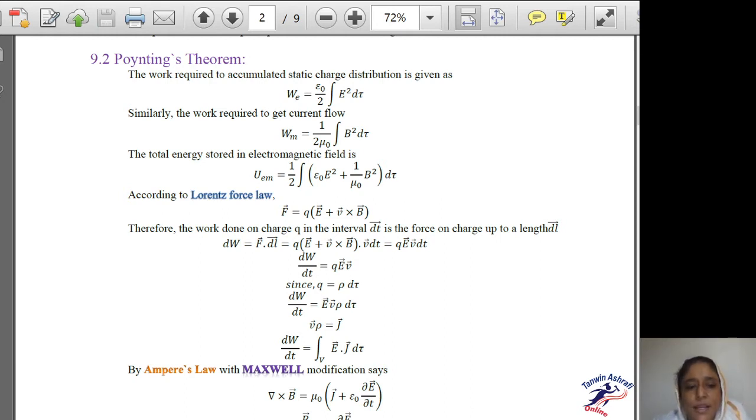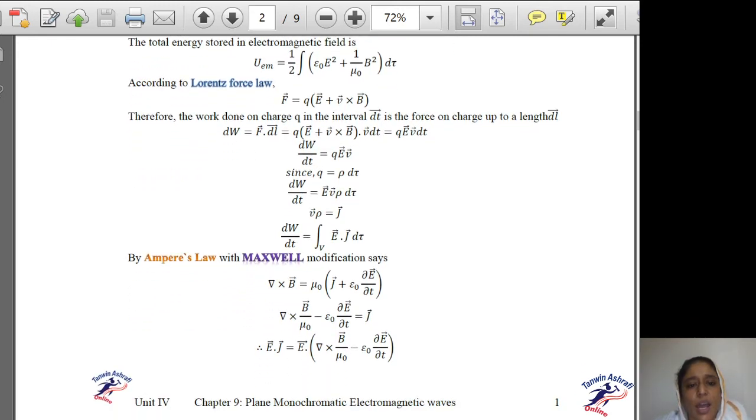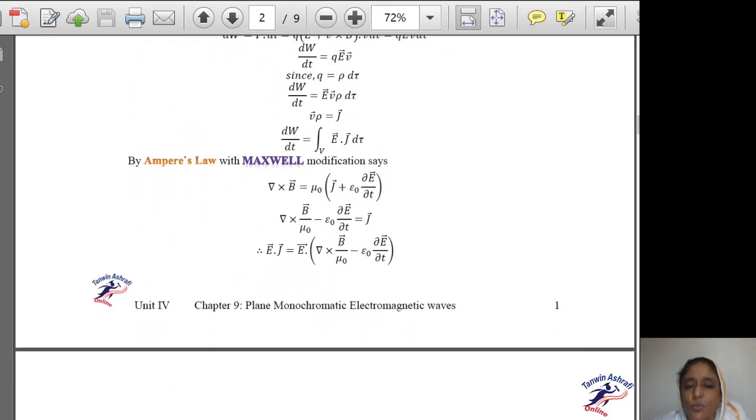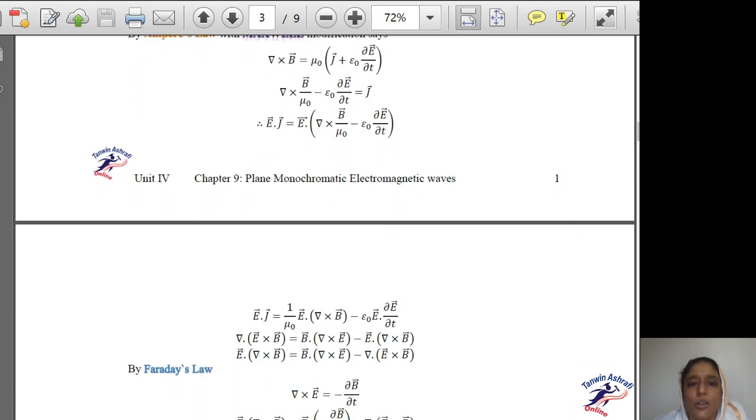By Ampere's law with the Maxwell correction, we have del cross B is equal to mu naught J plus mu naught epsilon naught del E by del t.